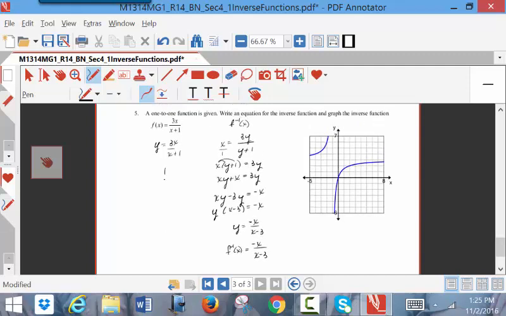But what I did was I created a table over here, and I picked some relatively good numbers. Like if x is -4, this would be -12 over -3, which is +4. If x is -2, this would be -6 over -1, which is +6.